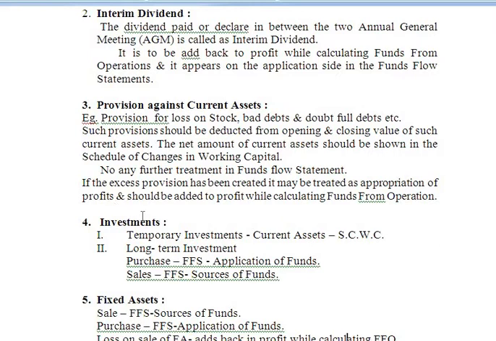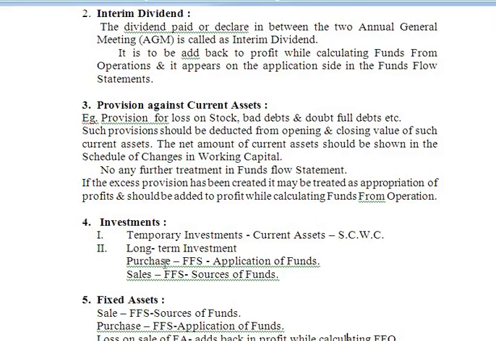Okay. Next, fourth one is investment. There are two types of investment. First one is temporary investment. Temporary investment is a current asset. If it is a current asset, where will it appear? In the schedule of changes in working capital. Now the second one is long term investment. If it is a long-term investment, we have to identify whether there is a purchase of long-term investment during the particular year or a sale of long-term investment.